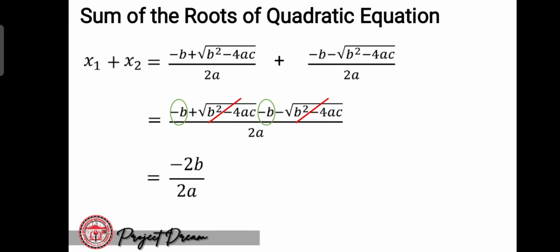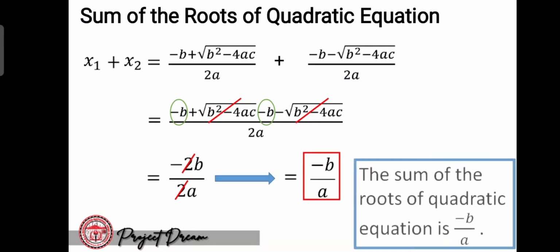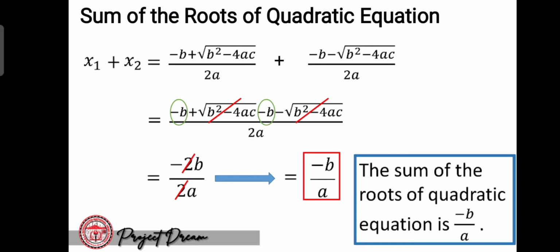So it becomes negative 2b over 2a. Then, we will cancel negative 2 and positive 2. So, to simplify, it becomes negative b over a. So, the sum of the roots of a quadratic equation is negative b over a.